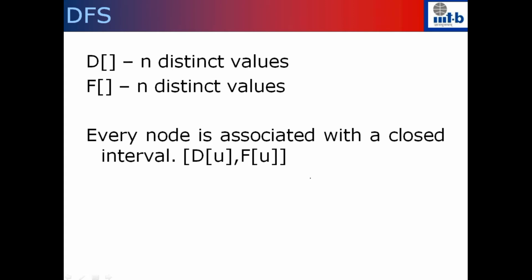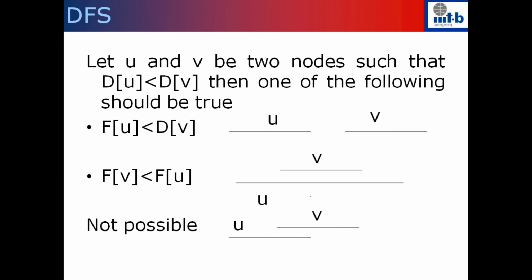Given two nodes u and v, such that u is discovered before the vertex v, then one of the following two conditions should happen. The first condition says that you discovered u, you finished visiting all the nodes which are reachable from u, and then you visited v, then you finished vertex v.